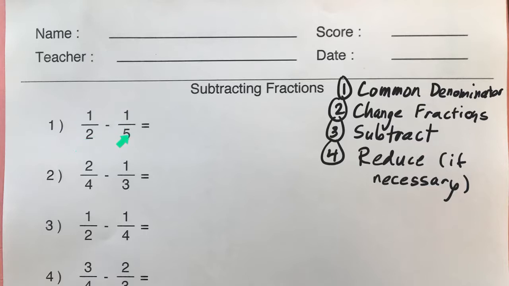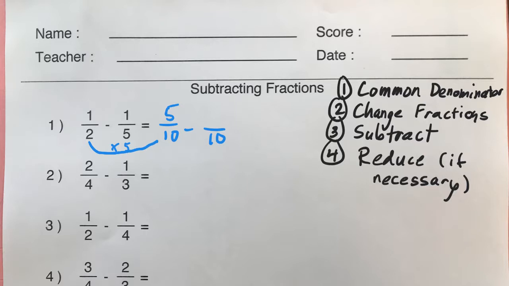What is the common denominator between 2 and 5? Well, it's going to be 10. So can I change 1/2 into tenths? I would multiply here by 5, right? So I multiply both sides by 5, and that gives me 5/10.